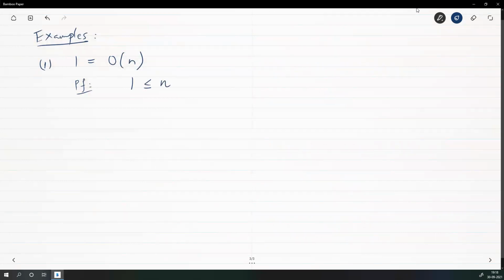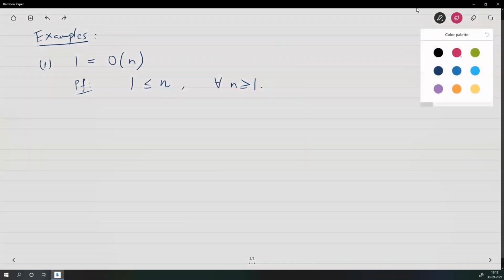The constant now is 1, for all n greater than or equal to 1, for all positive n. So n naught here is just 1 itself, and the constant here, in fact, is just 1. Okay, so this is a trivial example: 1 is less than or equal to n for all n. Therefore, 1 is big O of n.